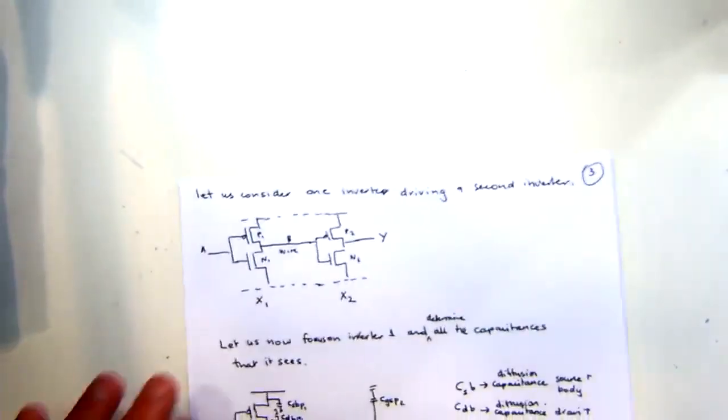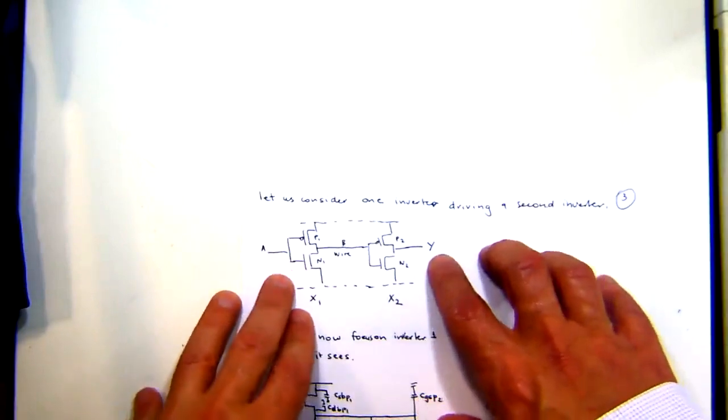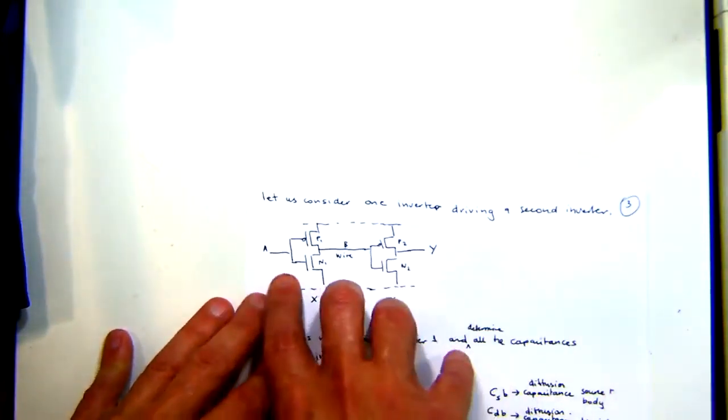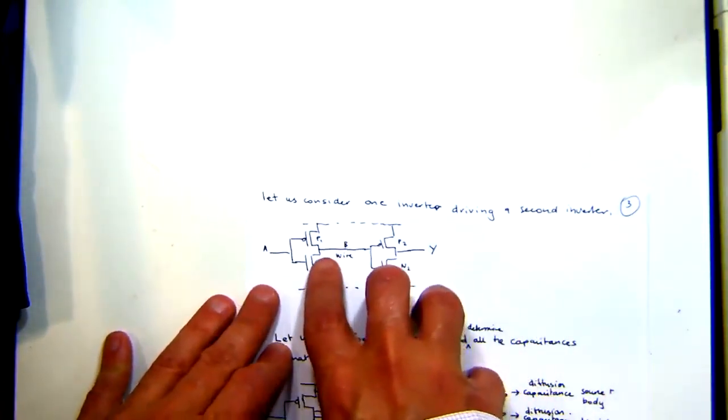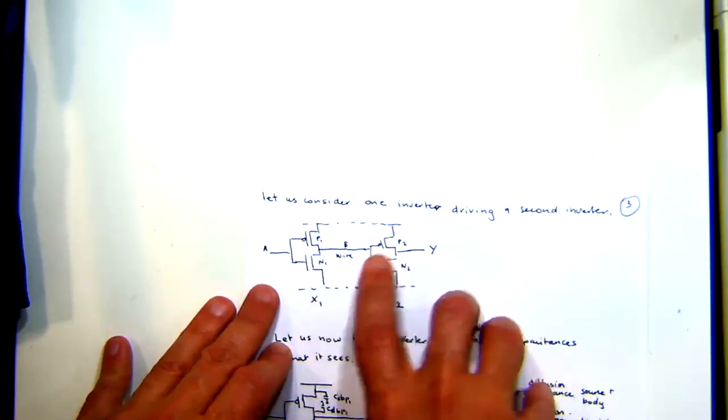Okay, so let's now look at these two inverters. This is annoying me that it's not focused. Anyway, we've got two inverters, and we're going to have one inverter driving a second inverter through a piece of wire.